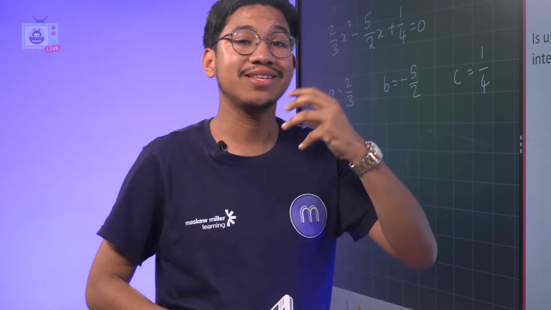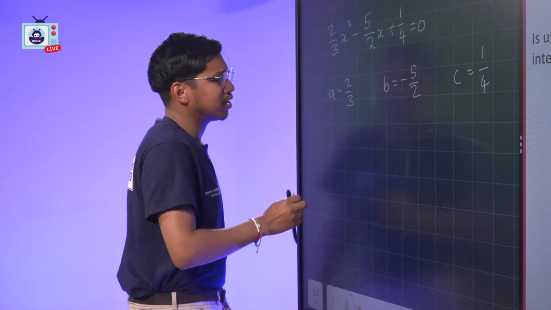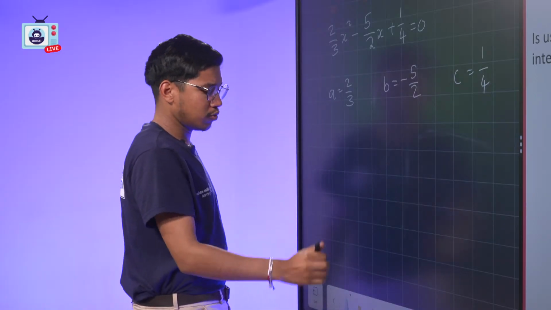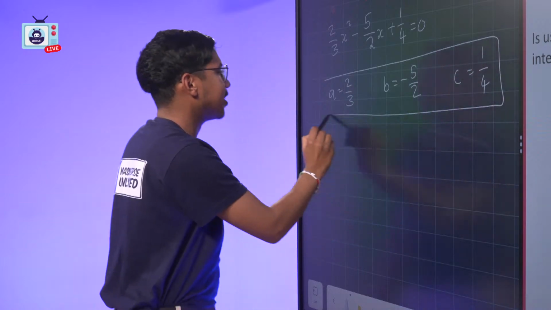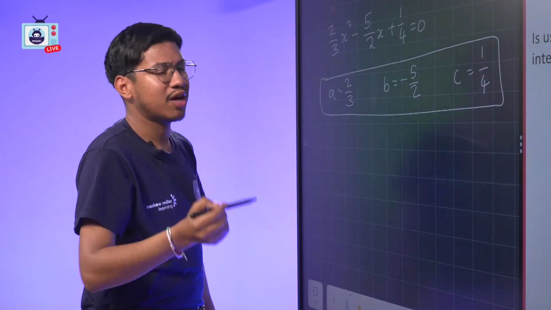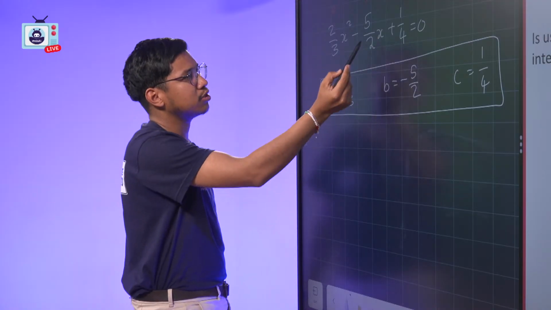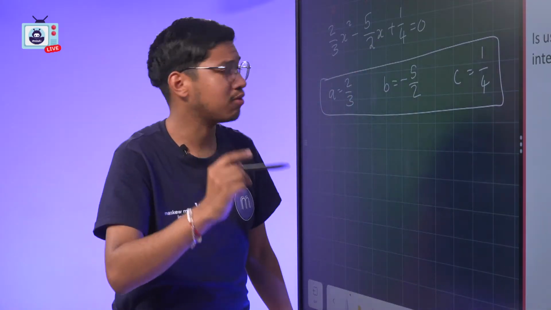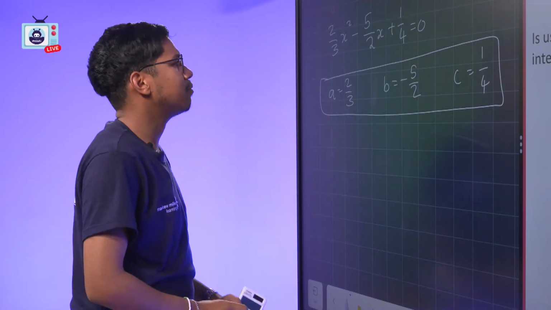In that way, it is easier to substitute into the formula. So how can I get rid of the fractions? I can find my LCD. The lowest common denominator between 3, 2, and 4 is 12.